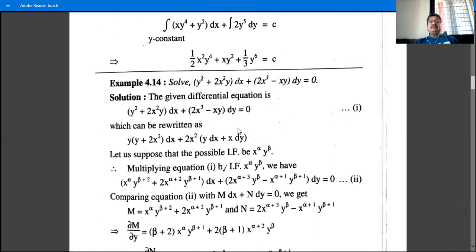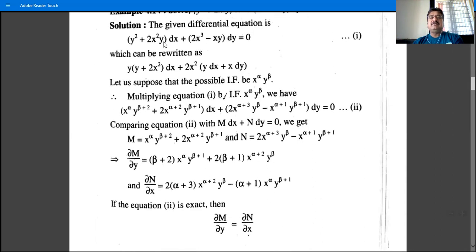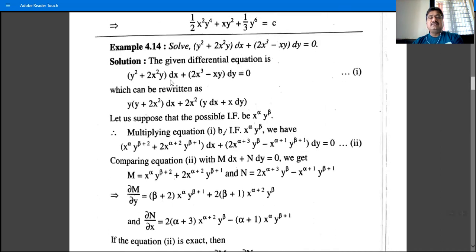Okay. The next example: solve (y^2 plus 2x^2 y) dx plus (2x^3 minus xy) dy is equal to 0. The given differential equation can be written by splitting all these terms.